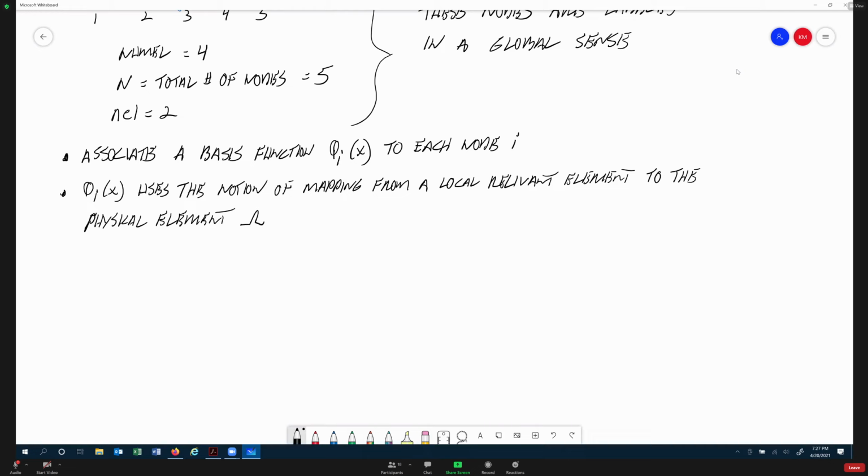And we're going to call this omega E. So omega E is referring to the domain of our element.